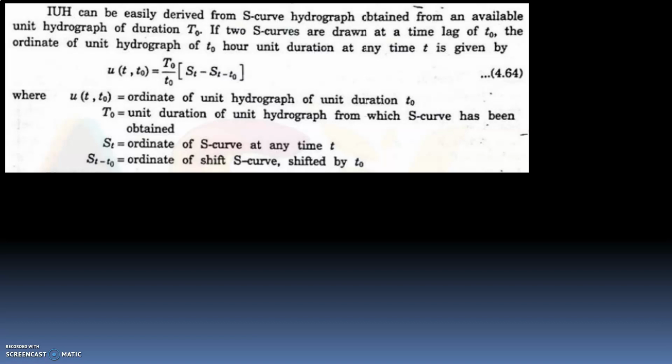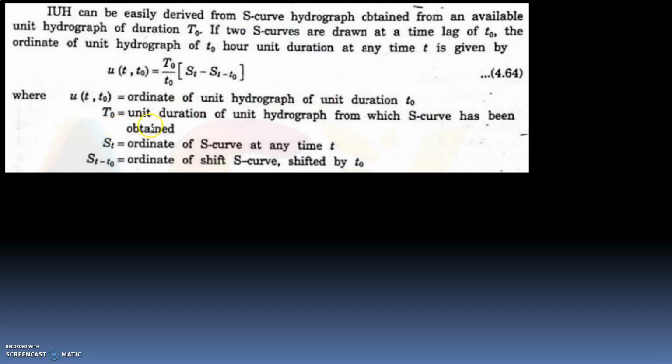Instantaneous unit hydrograph can be easily derived from the S-curve hydrograph obtained from an available unit hydrograph of duration T0. If two S-curves are drawn at a time lag of T0, the ordinate of the unit hydrograph of duration T0 at any time t is given by this equation: U(T0,t) = (1/T0) × [S(t) − S(t − T0)], where U(T0,t) is the ordinate of the unit hydrograph of unit duration T0.